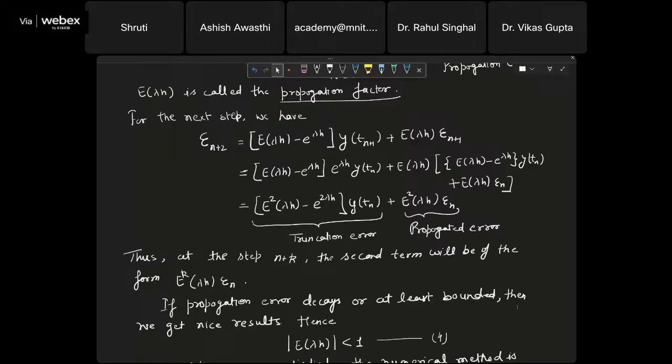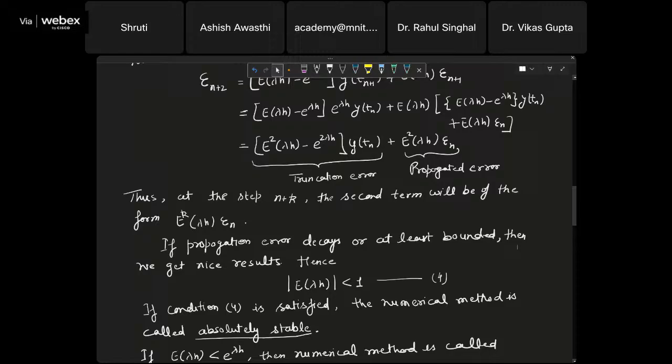Now, our error will be good if the propagation error involved in the method decays or is at least bounded, then only we will get good results. And when will that happen? If the condition is satisfied that the modulus of E lambda h must be less than 1.